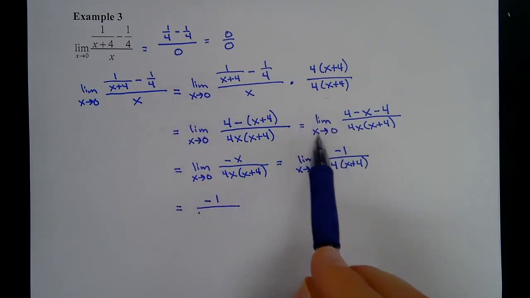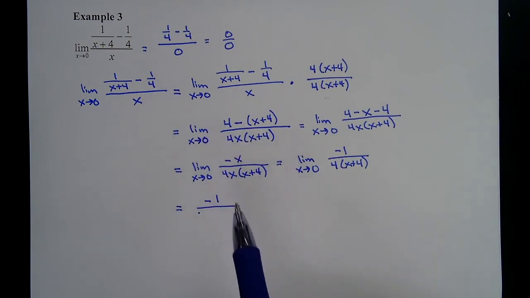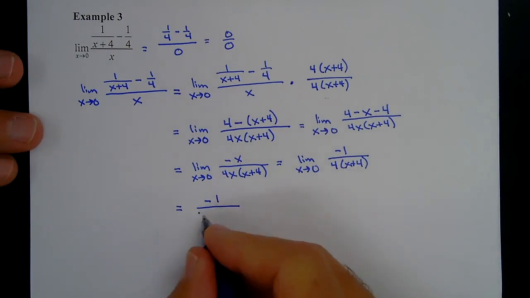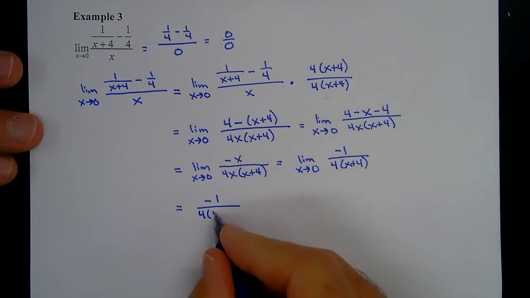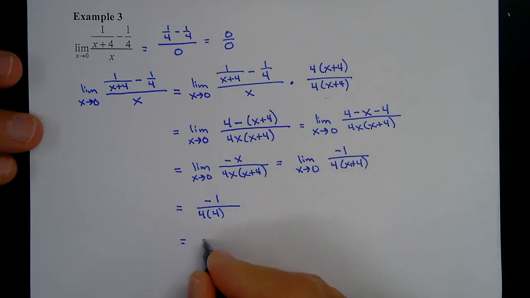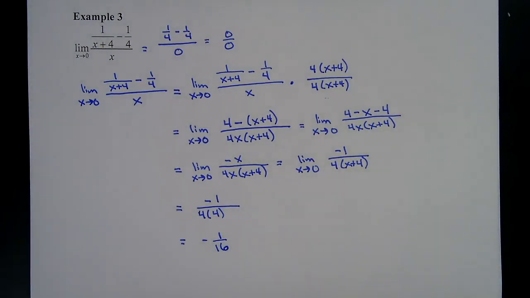It means something totally different if you don't write it, so you can't leave it off. Okay, so negative 1 over, and then this would be 4 times 0 plus 4, which is 4. So this denominator becomes 16. So our answer is negative 1/16. And that's what this limit is.